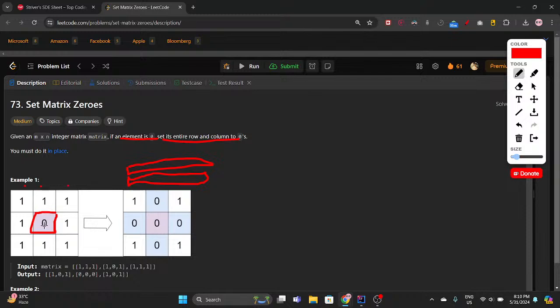So 1 comma 1 will be stored, then 2 comma 2, something like that. Then for all of these given rows and columns, we will do the assignment of zeros. This is our brute force approach. So here n square will be the thing.